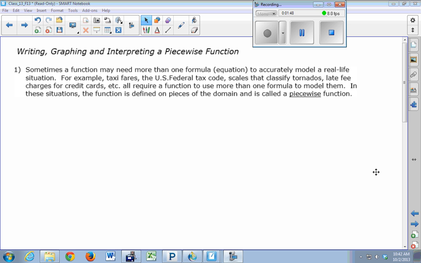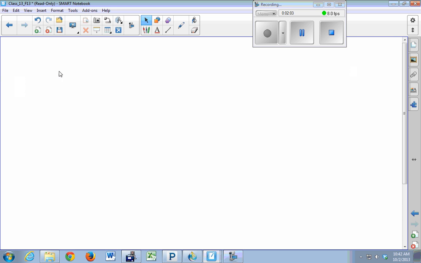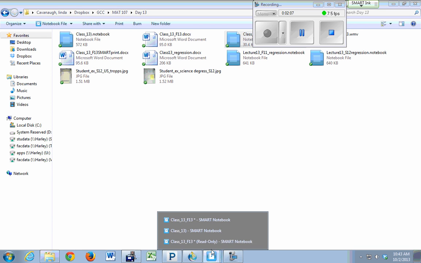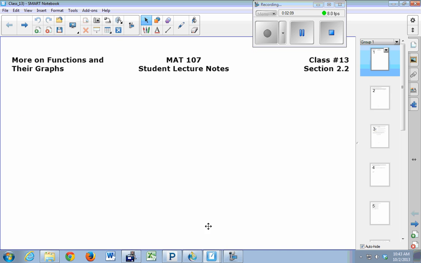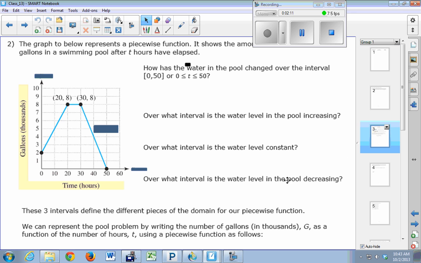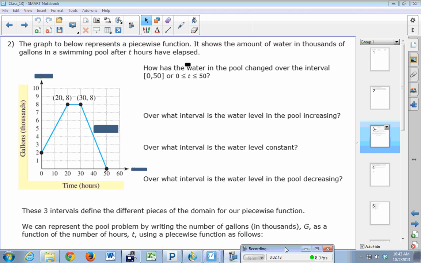Those are the kind of applications today that you're going to be spending time on, hopefully a good 20 minutes at least of class today, working on either individually or in your group. So I'm going to lead you up to that point through the lecture and hopefully start with something that makes some sense to you. That's always nice. So let's take a look at the first piecewise situation.